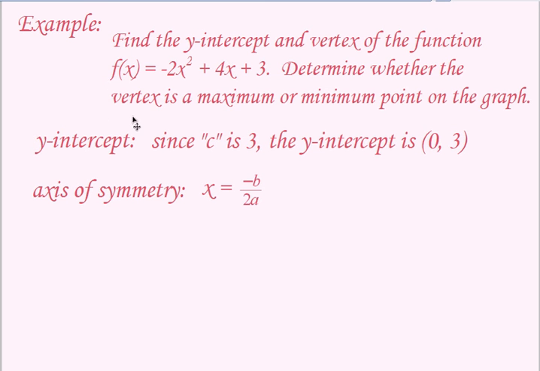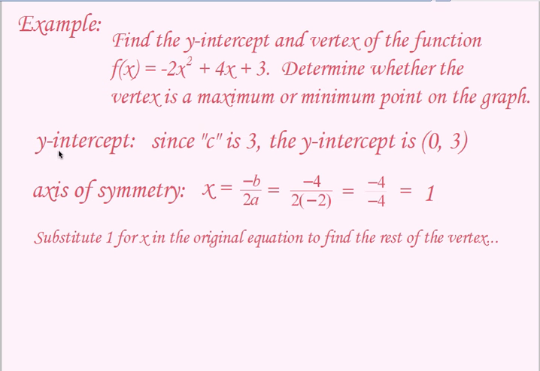If b is 4, the opposite of b is negative 4. And since a is negative 2, my denominator is 2 times negative 2. When I multiply that together, I get negative 4 over negative 4, which of course simplifies to 1. So my axis of symmetry is at x equals 1.